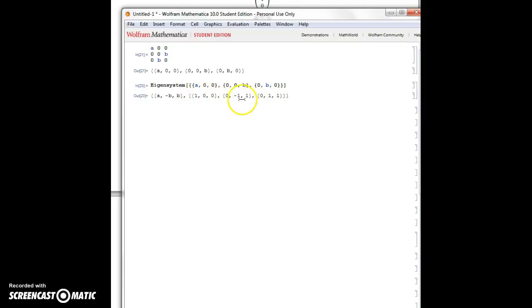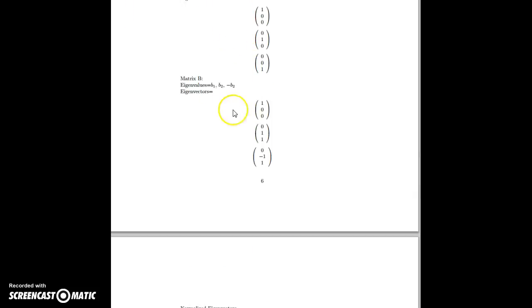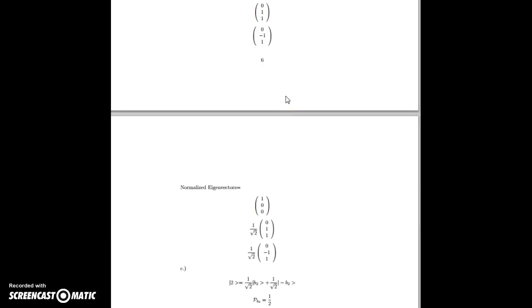However, these eigenvectors are not normalized. So here are the eigenvalues it gives, which are B1, B2, and minus B2. And the eigenvectors that correspond to them are right here. And then we have to normalize them.